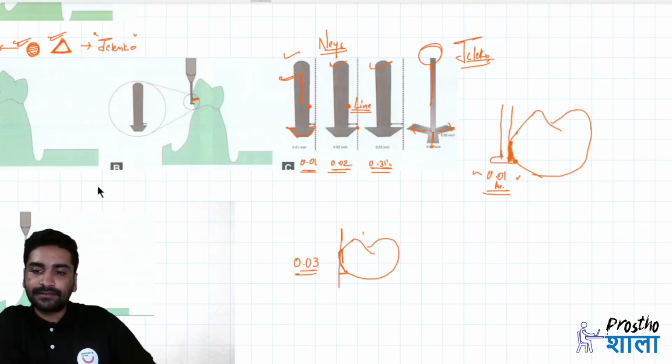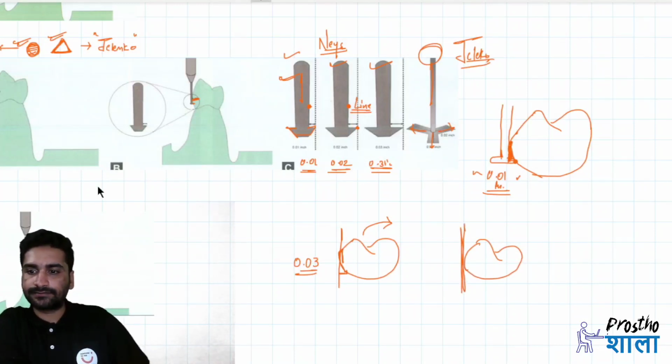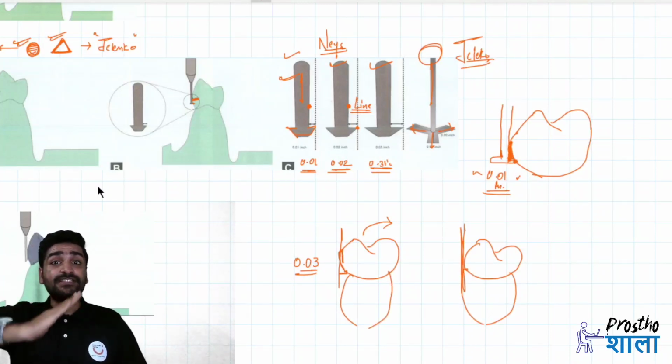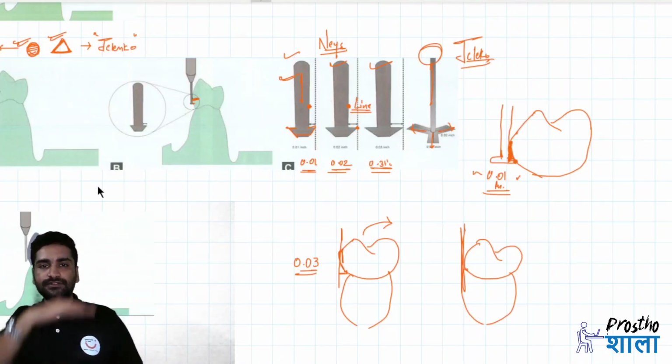If I tilt the teeth like this, now the undercut is gone, correct? Because here the root will come. Understood?